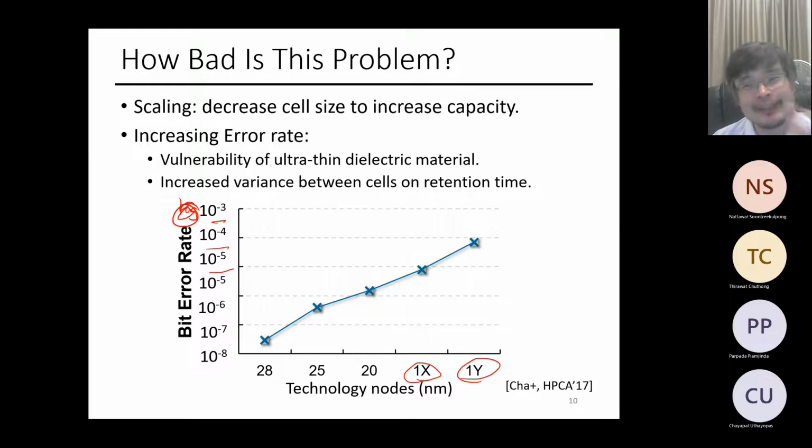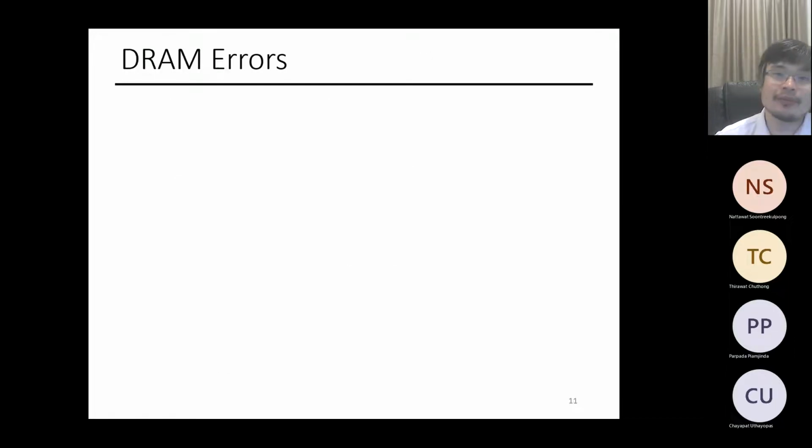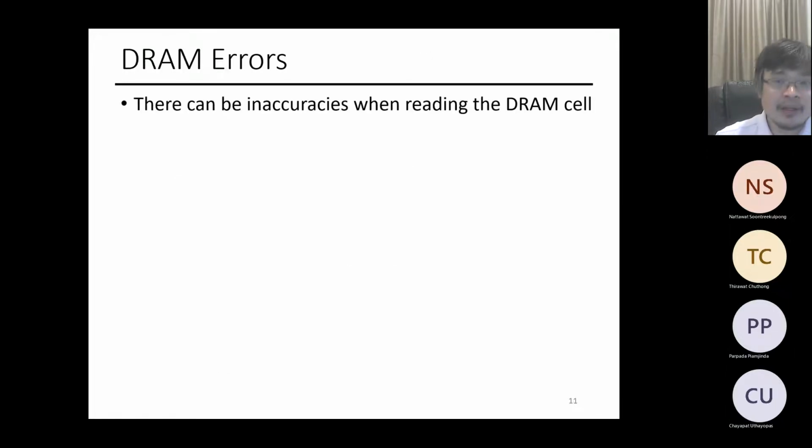Retention time is the time the cell can retain the electrons in the cell. When you scale down the technology node and make transistors smaller and smaller, the variance between the good cell and the bad cell gets wider and wider. So your DRAM can run into more errors.